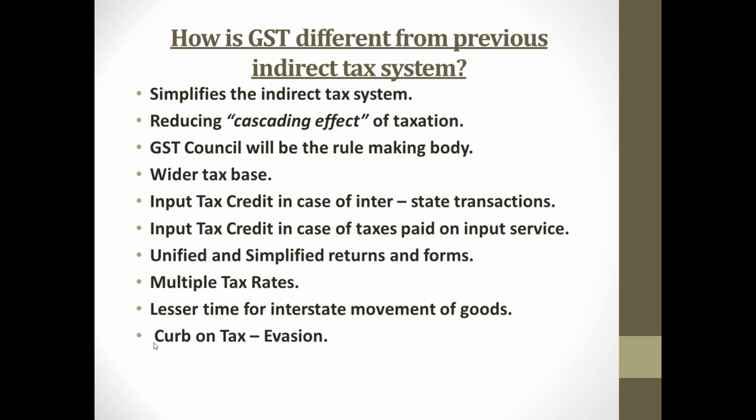So GST has successfully curbed tax evasion practices. Now even the small sellers or manufacturers are easily covered under GST, and this has widened the indirect tax base for the government, and also led to lesser practices of tax evasion.